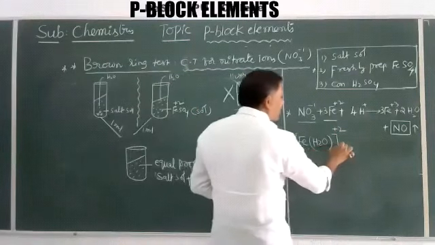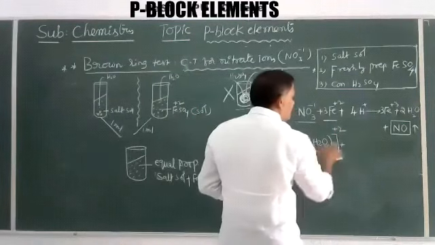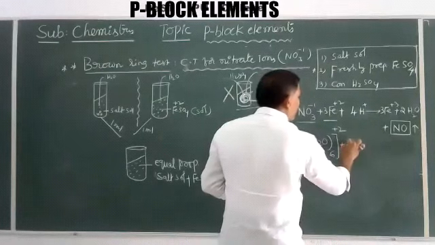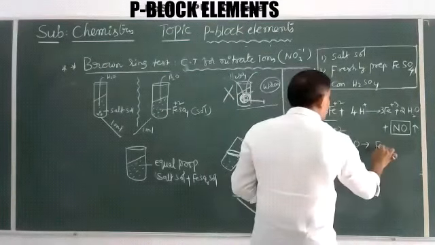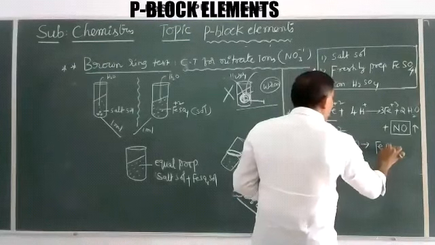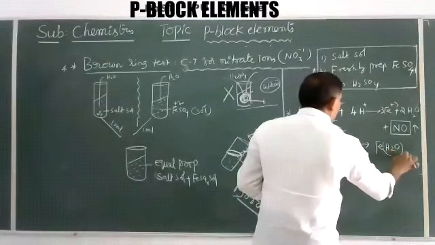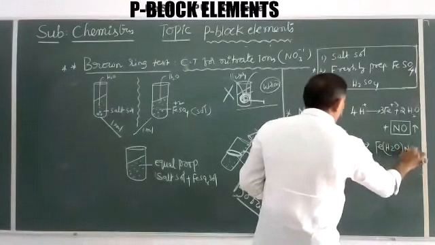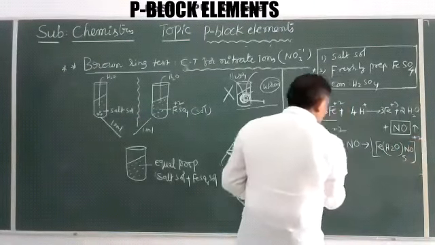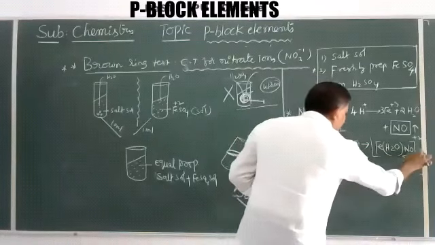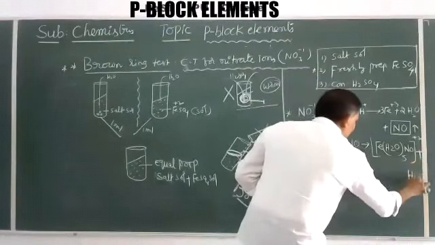This NO gas, nitric oxide gas, is immediately absorbed by this complex. Then it forms another complex, that is Fe(H2O)5NO 2+, where out of 6 moles only 5 moles of water remain, and H2O is released.